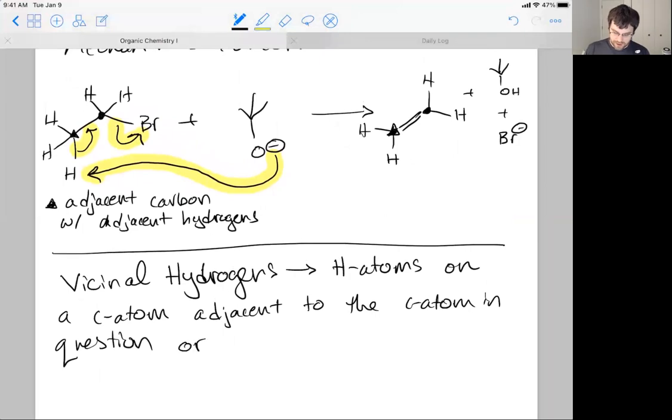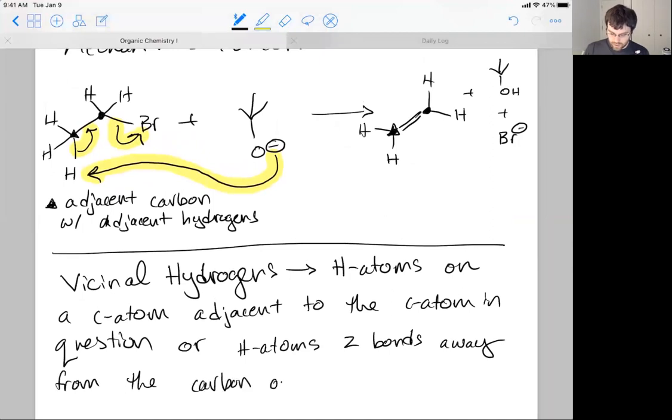Alternatively, they are H atoms 2 bonds away from the carbon, or 3 bonds from X, which is our chlorine, bromine, or iodine.